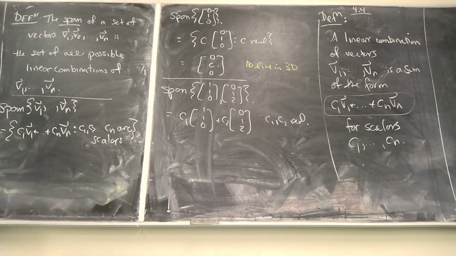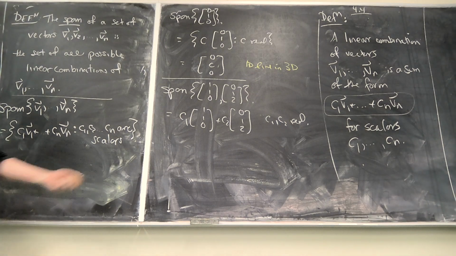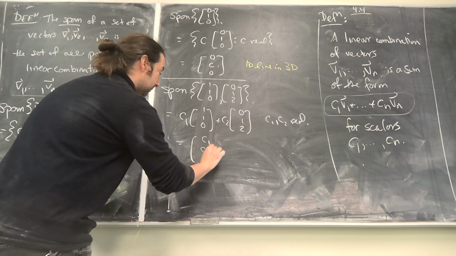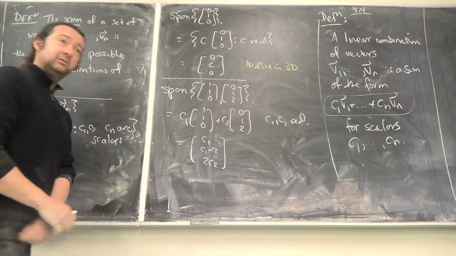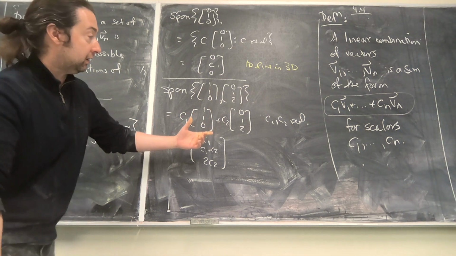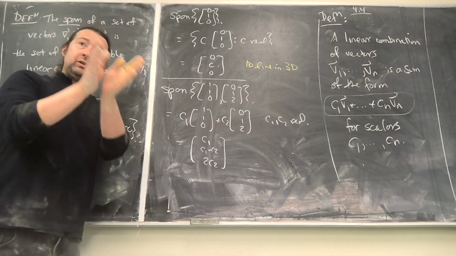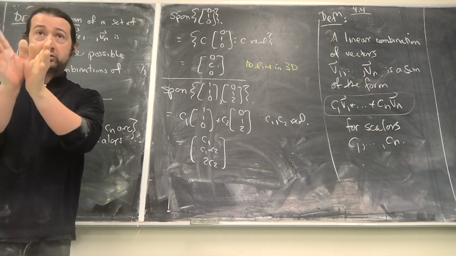You could smash it together as c1, c1 plus c2, 2c2. But geometrically, what is that? It's a plane. Because now you have two parameters. The vectors are pointing in different directions, and so you're looking at a two-dimensional plane in R3.